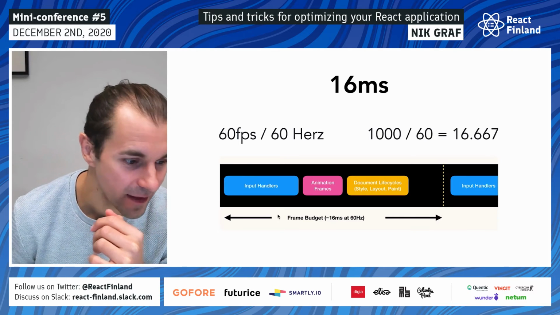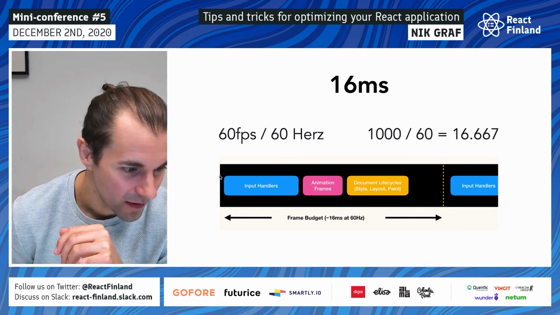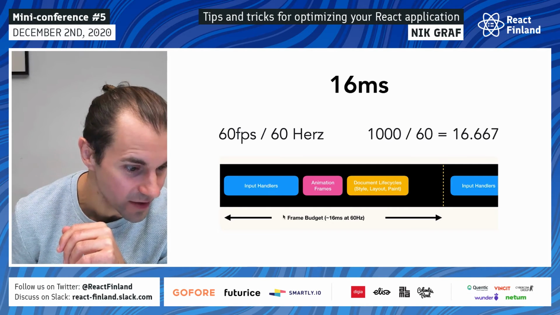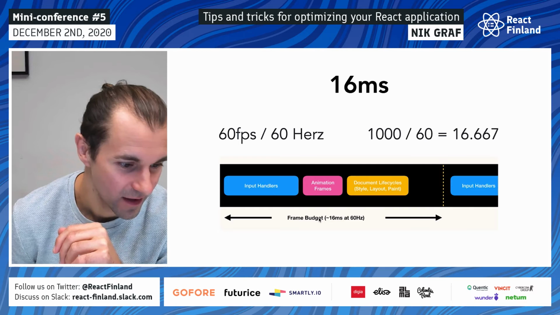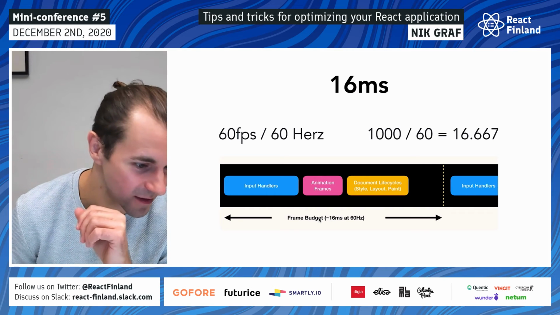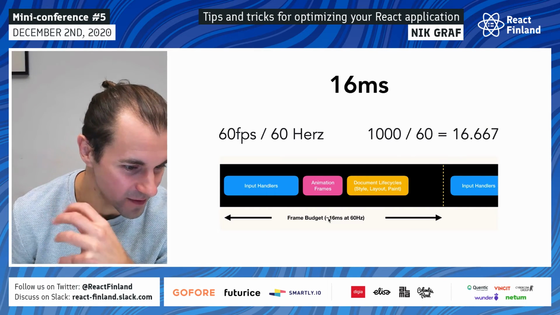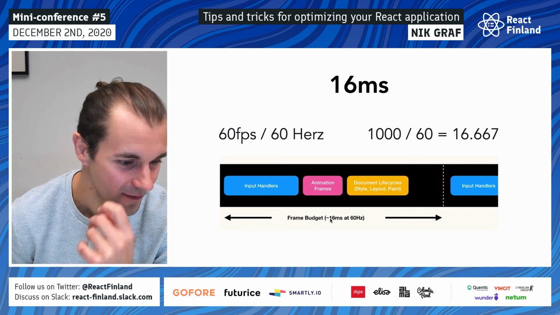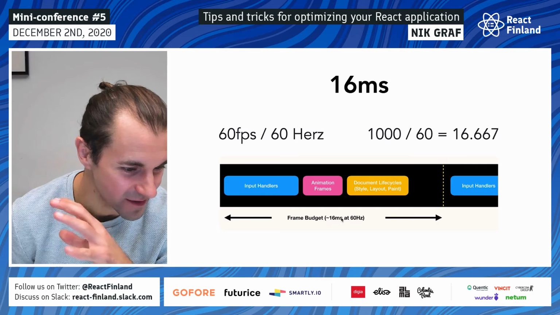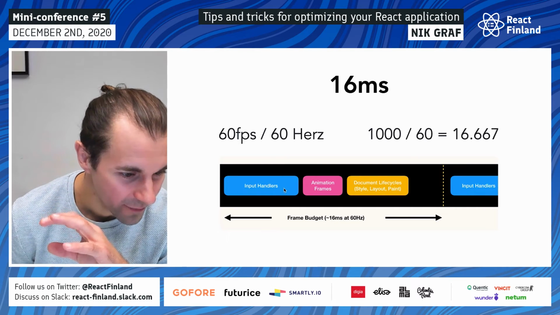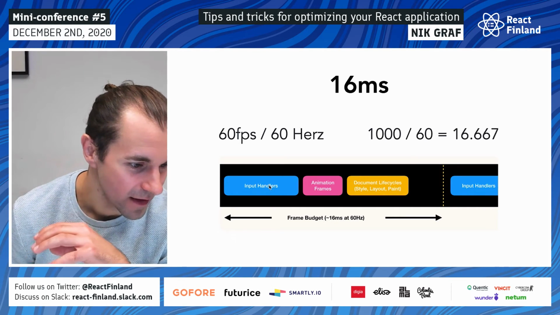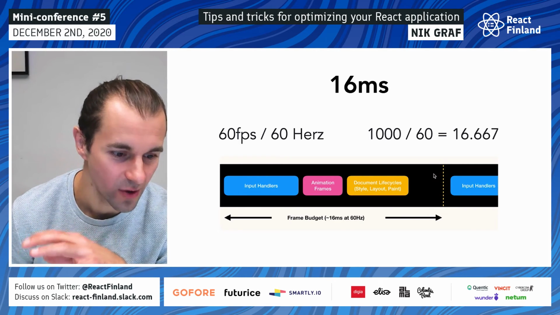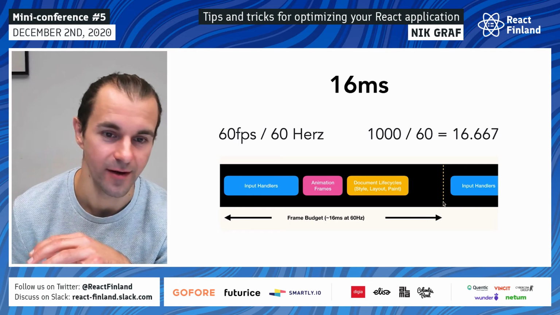So everything that we do: here is the previous frame, and then we have this frame budget. I want to thank Philipp Spies for this graphic, because it is really helpful, and it blew my mind the first time I saw it. We have this budget of all the things that we can do to get everything ready to let the browser paint the next frame.